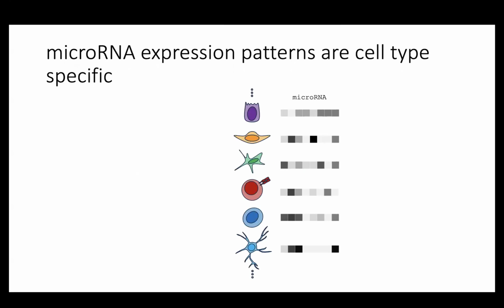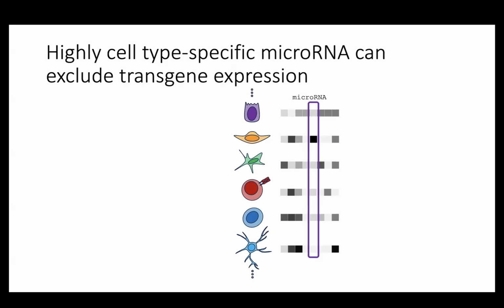Now, the other aspect of microRNAs that is desirable is that they do exhibit some degree of cell type specificity. For example, here, if this orange cell is a liver cell, there's a well-known microRNA, miR-122, that is very highly expressed and very specifically expressed in liver.